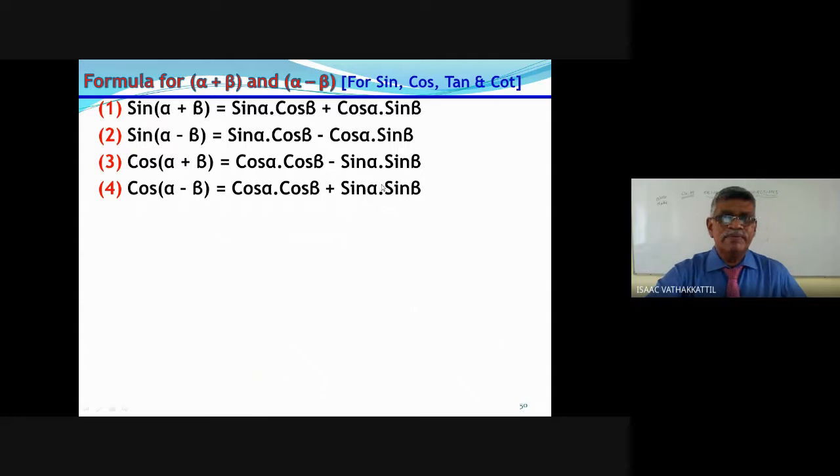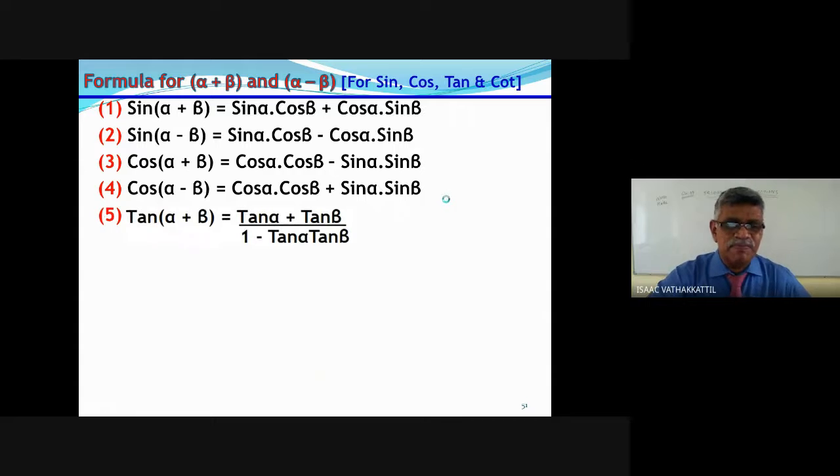So, reminding once again, we have sine alpha plus beta, sine alpha minus beta, cos alpha plus beta, cos alpha minus beta, which we discussed yesterday. We are adding tan alpha plus beta: tan alpha plus tan beta upon 1 minus tan alpha tan beta. Again, I am reading because you have to remember it. When you take notes, it will be clarified in your mind.